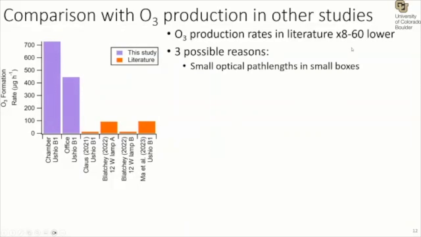There are 3 possible reasons for these large differences. Many past experiments were done in small boxes. Those boxes had small GUV light path lengths, leading to small ozone production rates. Also, a high surface to volume ratio of these small boxes could lead to heavy ozone losses to their walls.